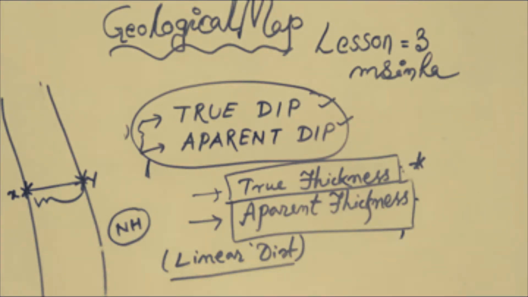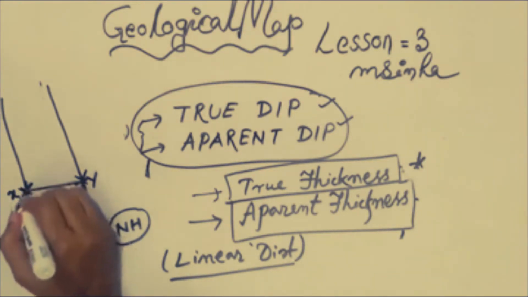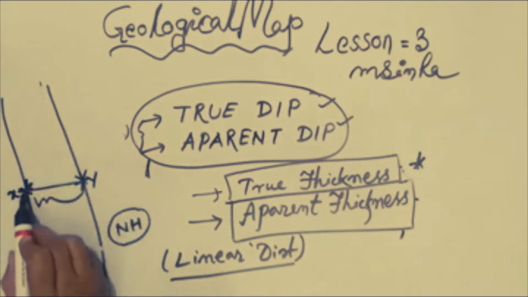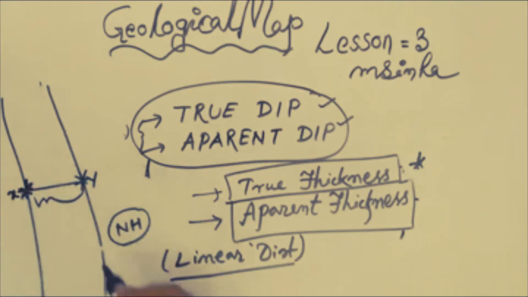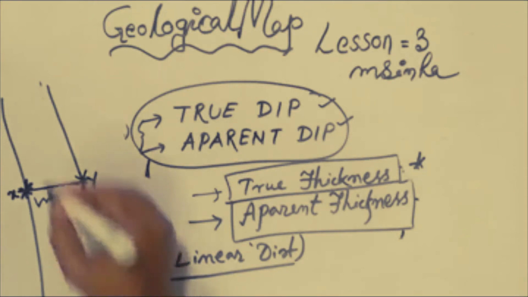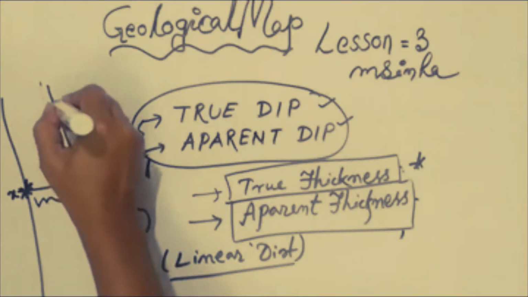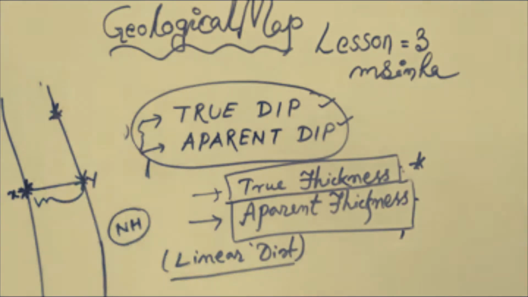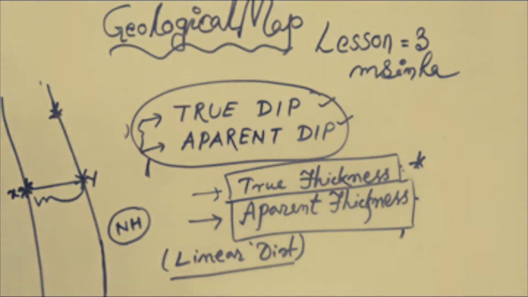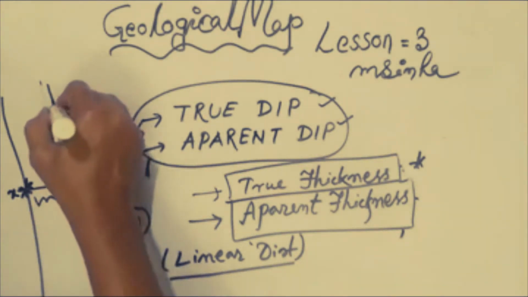And what will be the apparent thickness or apparent width of the road? Suppose you put one end of the tape here, and you can select another point.